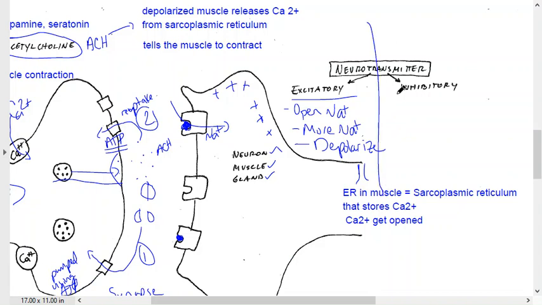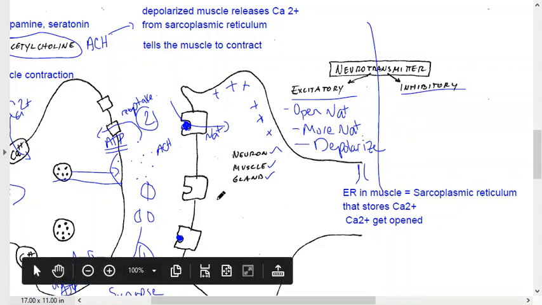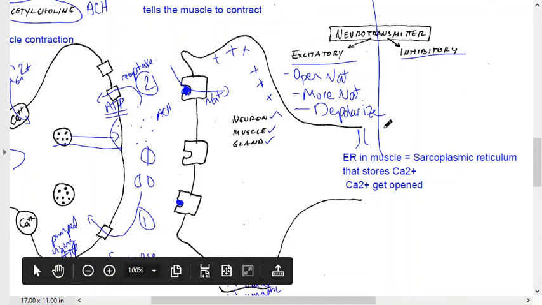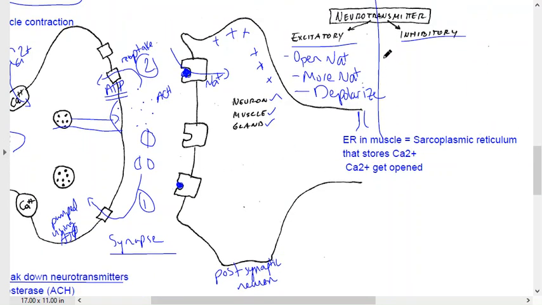However, you can also cause this signal to stop. You can inhibit, you can stop the response. And in this case, you can cause potassium channels to open, and potassium moves out. Or you can open channels that let negative ions in.